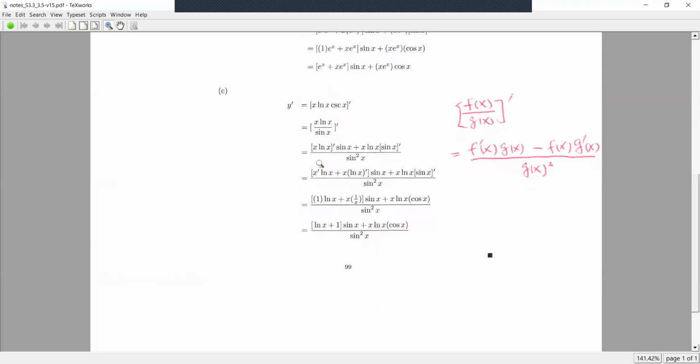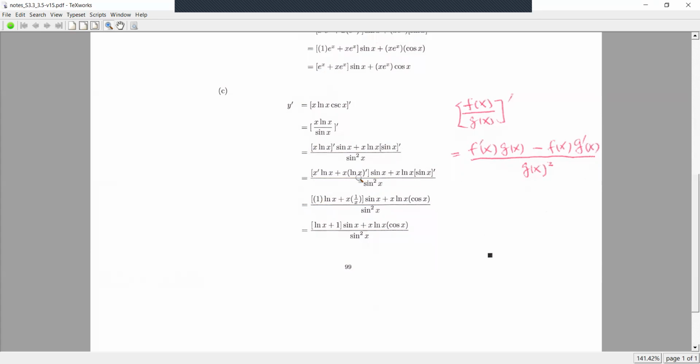Now, in this expression, we need to compute this derivative and this derivative. For this derivative, we apply product rule. Then we have this equation. Now, derivative of x is 1.